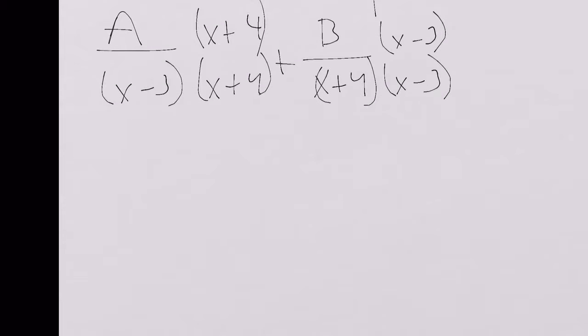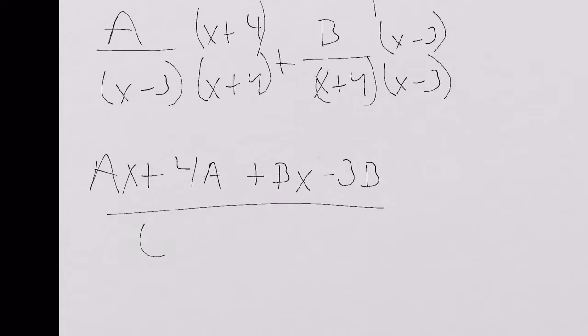So now what I have is ax plus 4a, plus bx minus 3b on top. Because now I have that common denominator of x minus 3 and x plus 4.